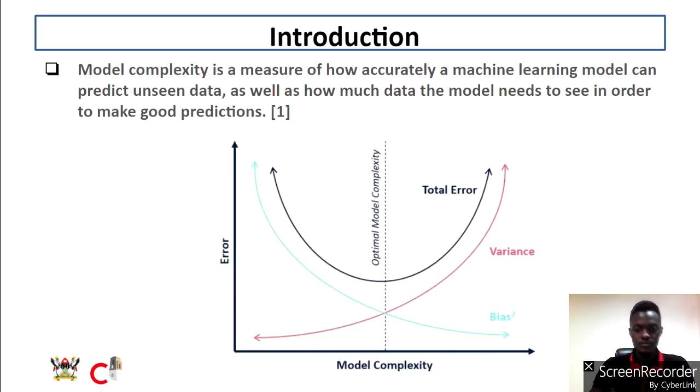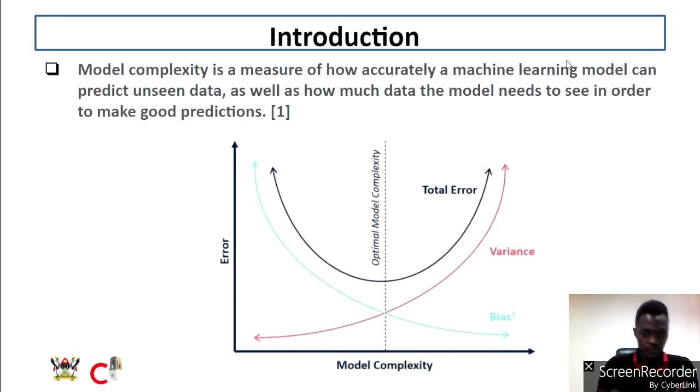Whereas variance is about the algorithm's sensitivity to small fluctuations in the training set, and high variance is about the algorithm fitting the random noise in the training data set.